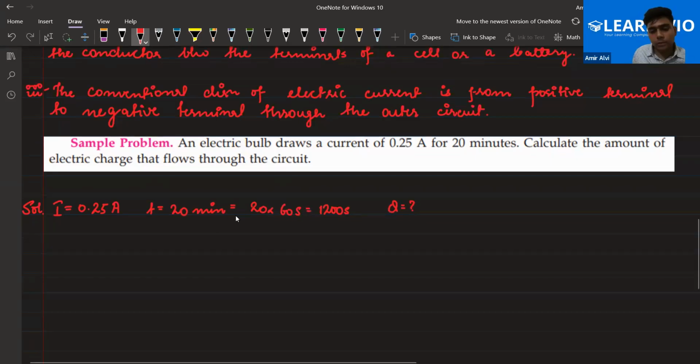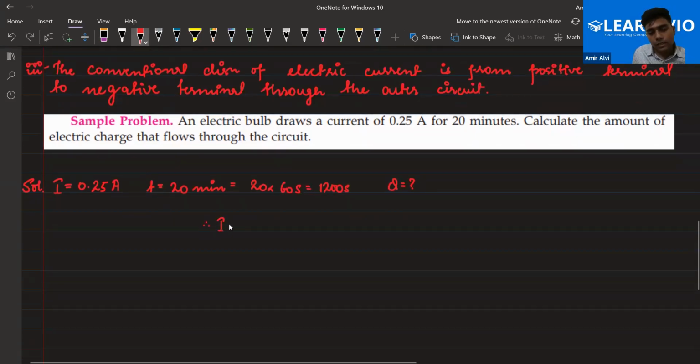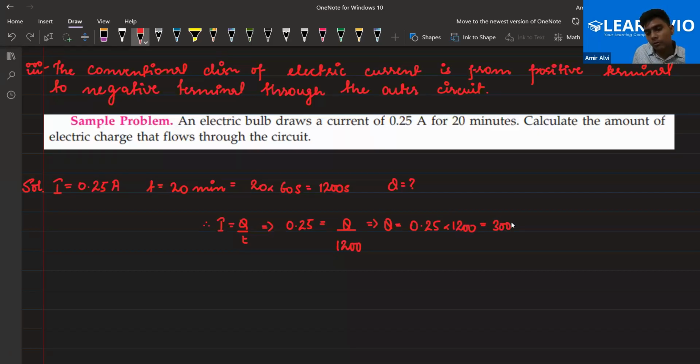Simply apply the formula, I is equal to Q by T. So I is 0.25, Q is the charge we need to find, and time is 1200 seconds. So charge would be equal to 0.25 into 1200, which comes out to be 300 coulomb.